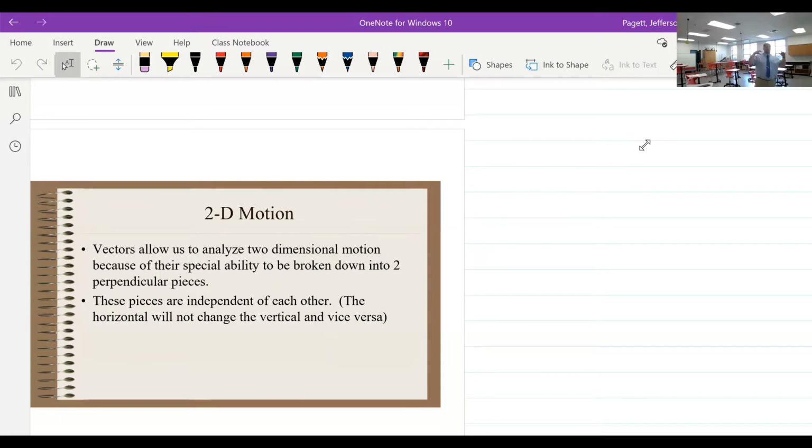The fact that we can break apart vectors into perpendicular pieces allows us to use that along with our kinematic equations in order to analyze the motion of an object. And again, the key thing is that these pieces, the horizontal and the vertical, can be analyzed separately.